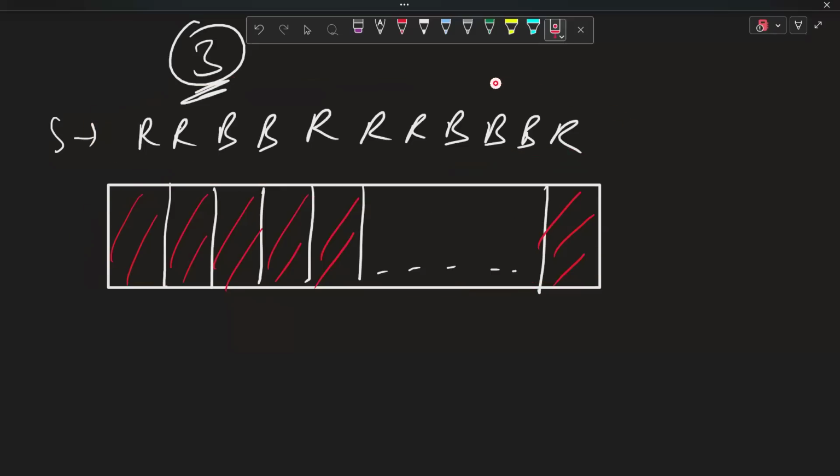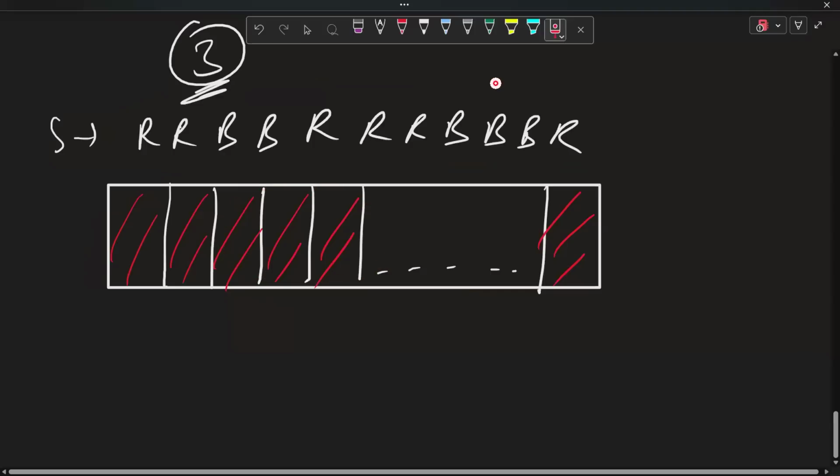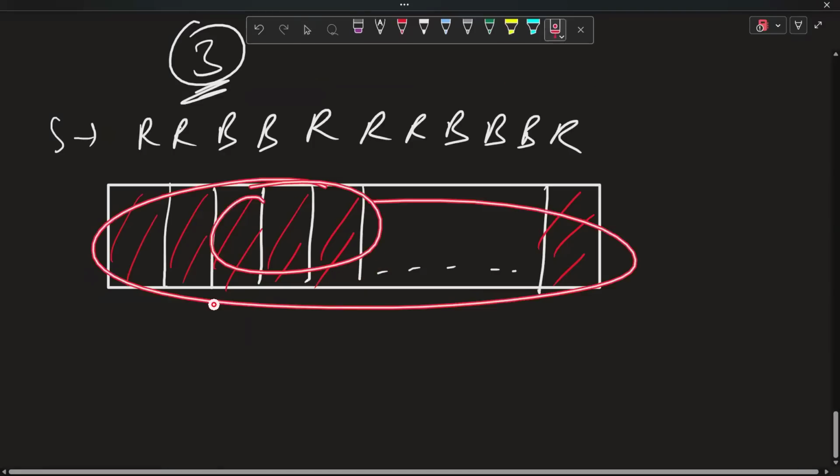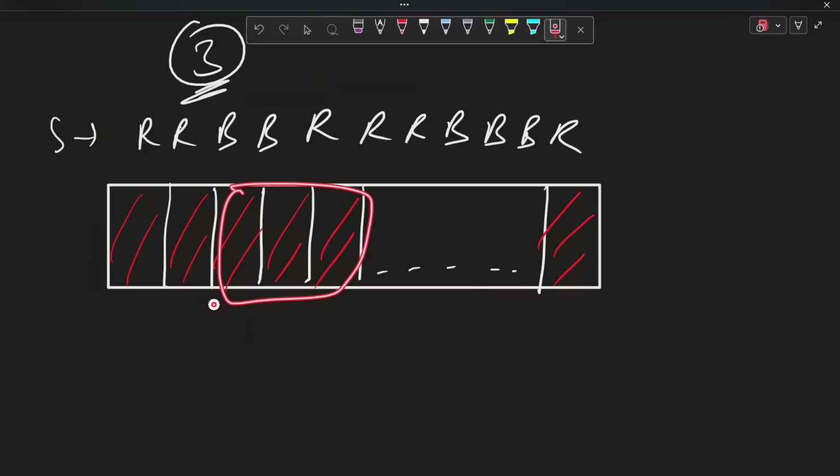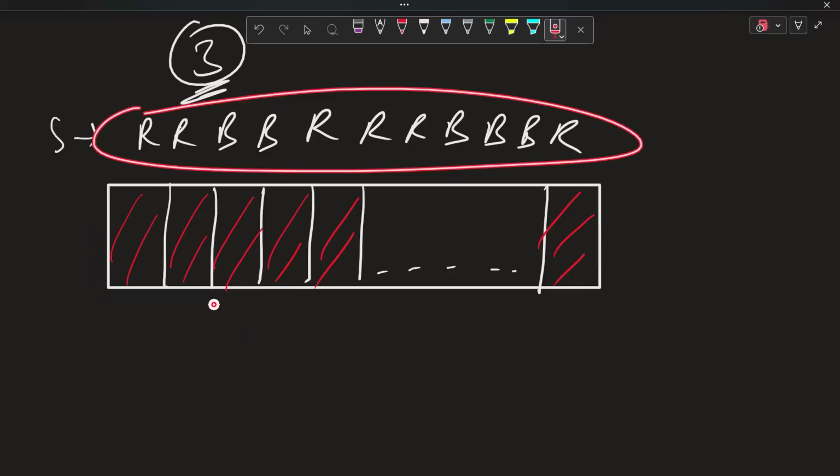So in one operation, what you can do is select a strip, basically a subarray, select a segment and paint it blue. If you have to make it something like that, the first two need to be red, let them be red.